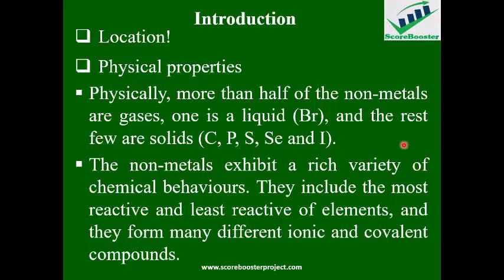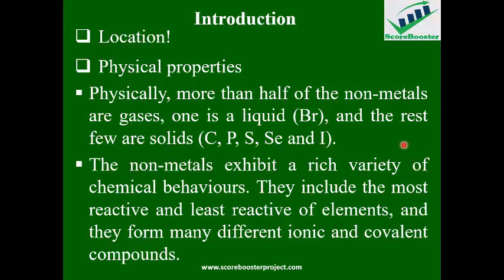Why they have this diverse behavior is because of their electronic configuration. Some have a completely filled p shell, some have a partially filled p shell, and again some have d shells that are not filled, especially astatine.